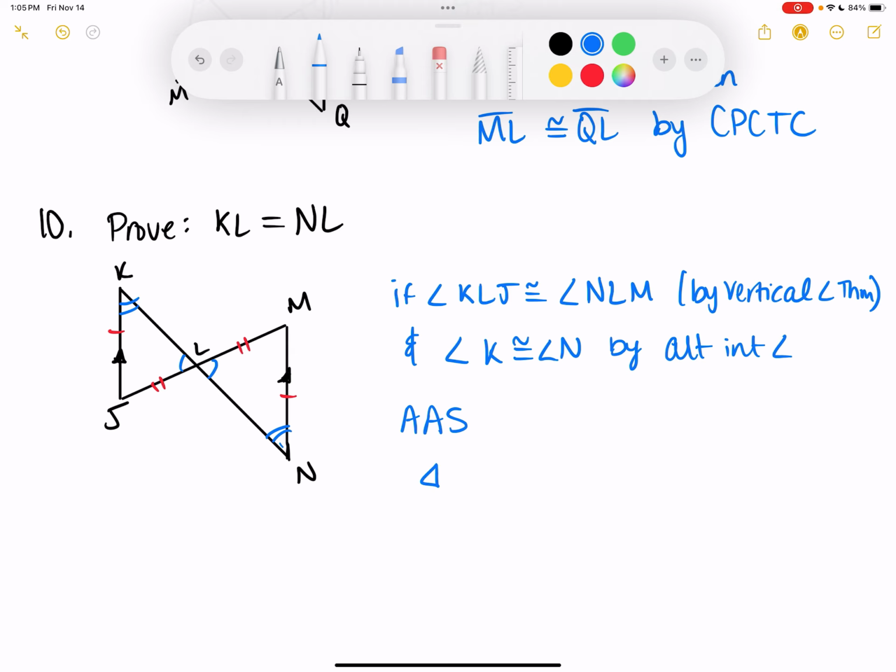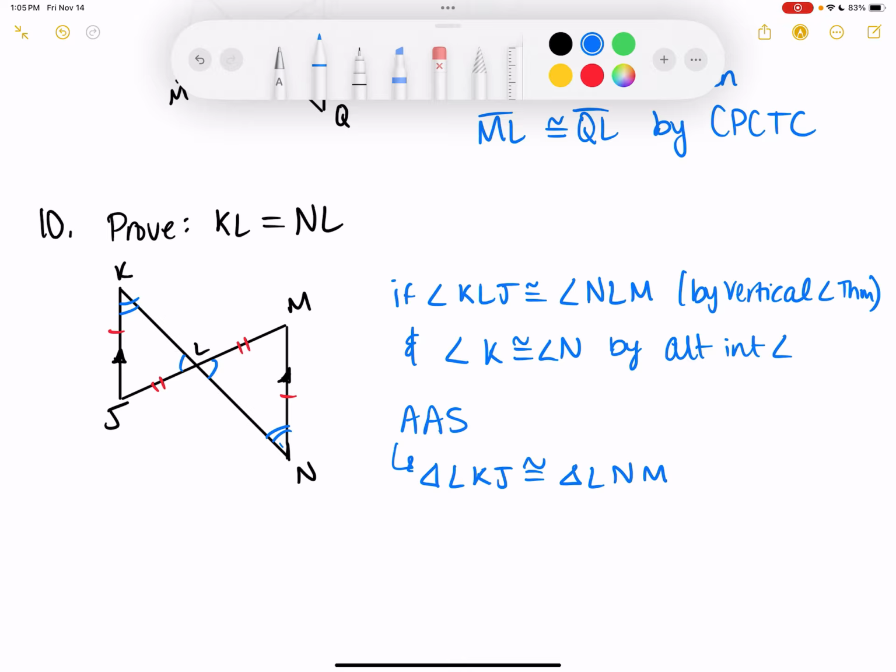So triangle LKJ is congruent to triangle, go the right way, LNM by that.